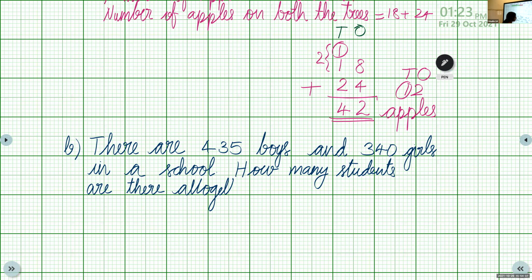Now take your own time and write. There are 435 boys and 340 girls in a school. How many students are there all together in the school? You can see the word all together here. It implies addition.